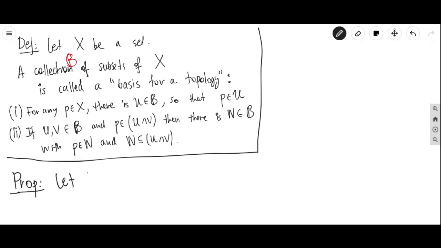So let X be a set and B be a basis for a topology. Maybe we could call it a topological basis.